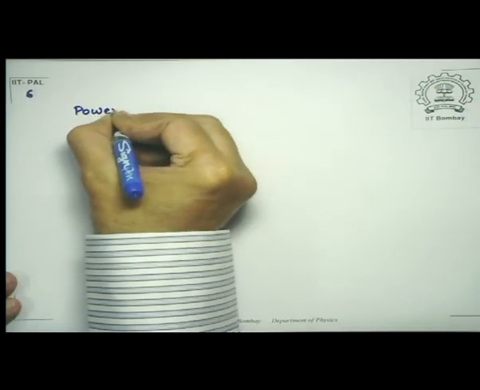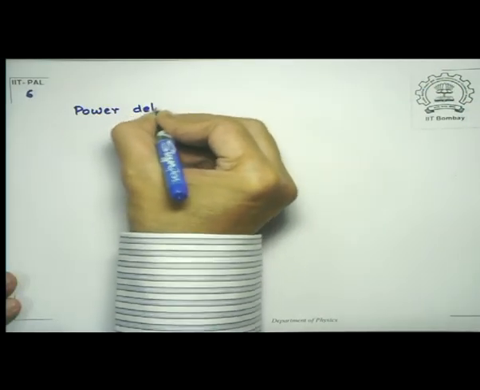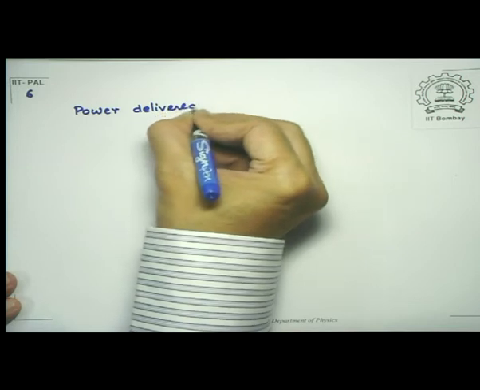In other words, whatever its energy was, it can now be spent. This is the amount of energy that is being supplied to the external circuit. So let us look at what is the amount of power delivered by the circuit.